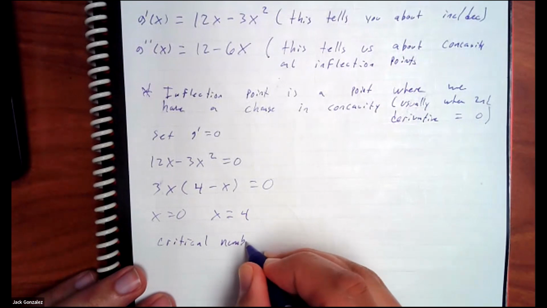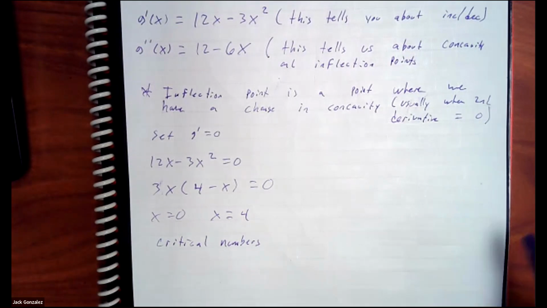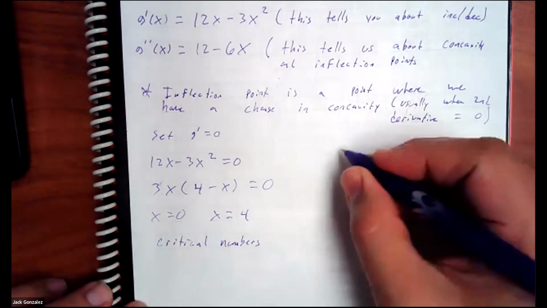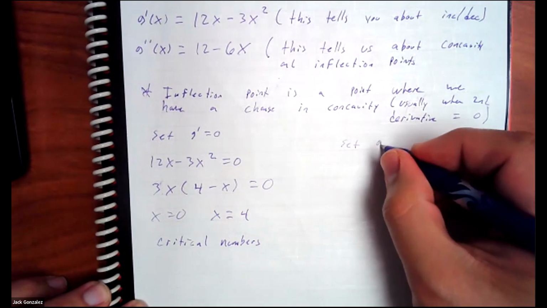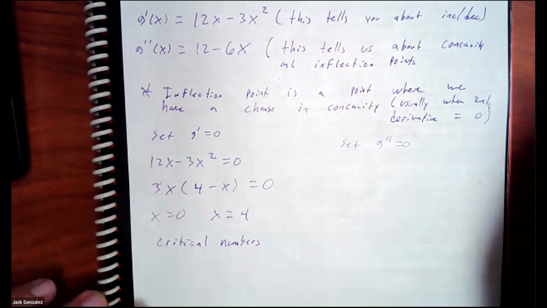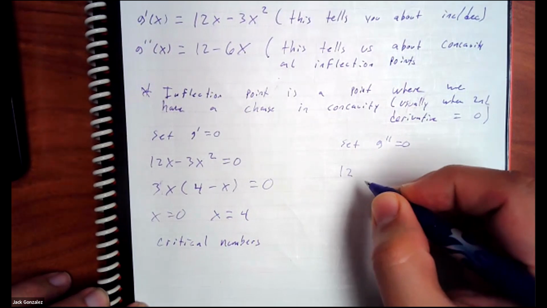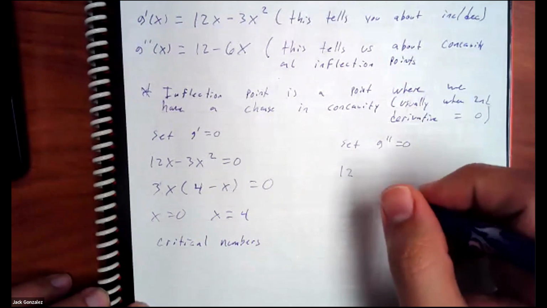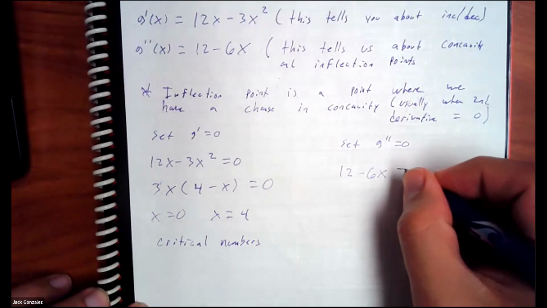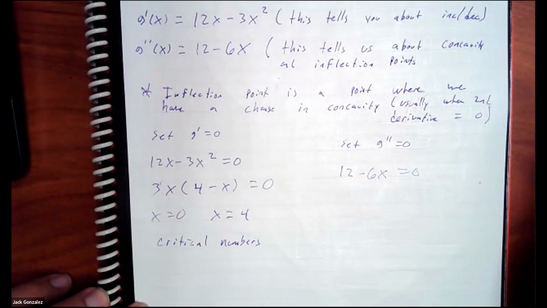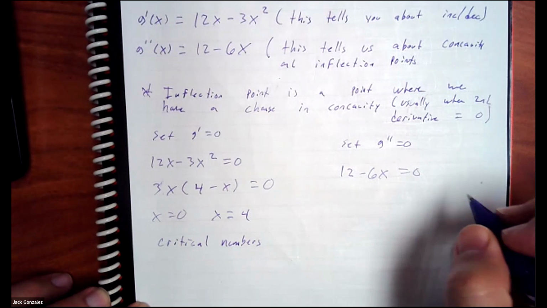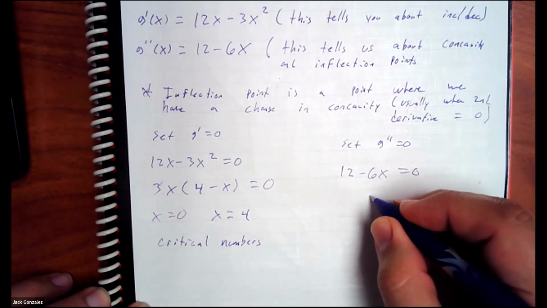So just to remind you what we did on Wednesday, or whenever that was. I don't remember. Set g double prime to 0, and we'll find the inflection point. So x would be 2, right?